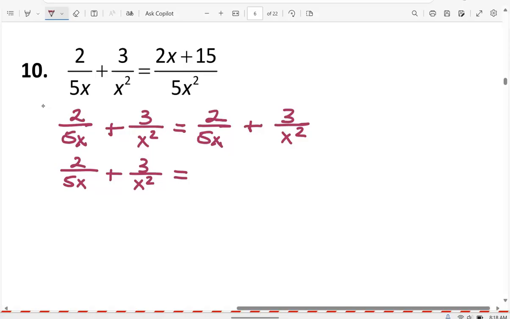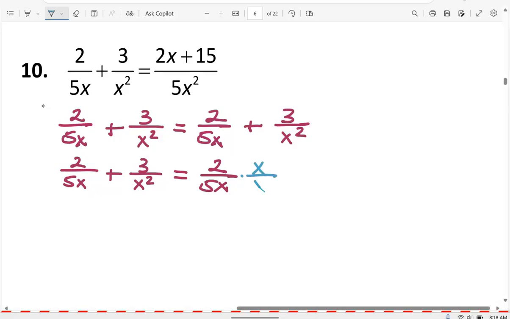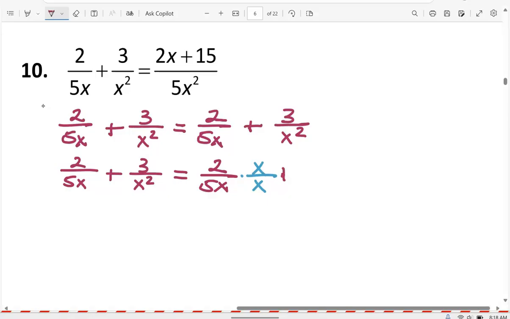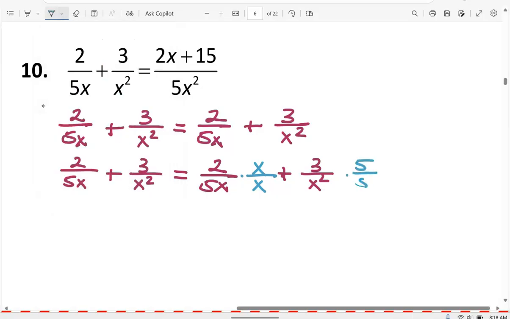If we want to add two fractions, we need a common denominator. So I'm going to multiply the first fraction by x over x, and then multiply the second fraction by 5 over 5, and that will give us 2x over 5x squared plus 15 over 5x squared.